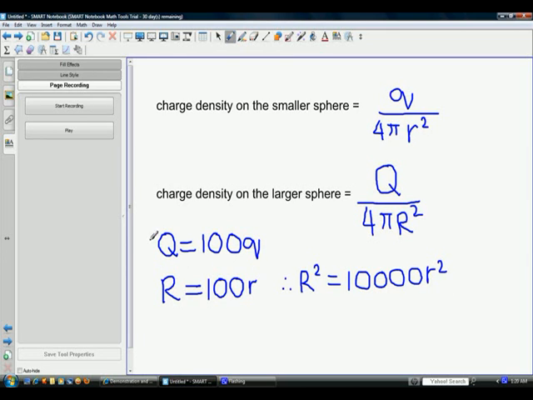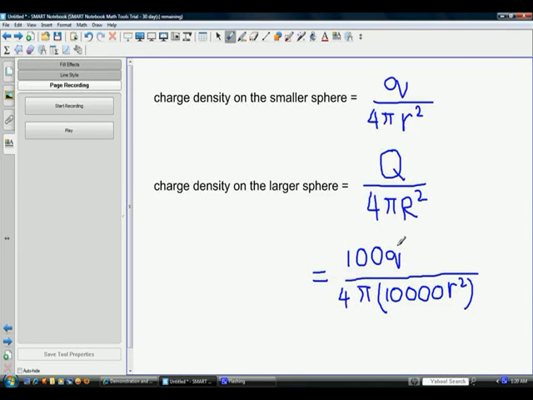Now substituting these values of big Q and big R squared in our equation for the charge density on the larger sphere, we get charge density on the larger sphere is equal to 100 times small q over 4 pi times 10,000 small r squared. We can cancel two zeros from the numerator and the denominator, which gives us charge density on the larger sphere is equal to small q over 4 pi times 100 small r squared.